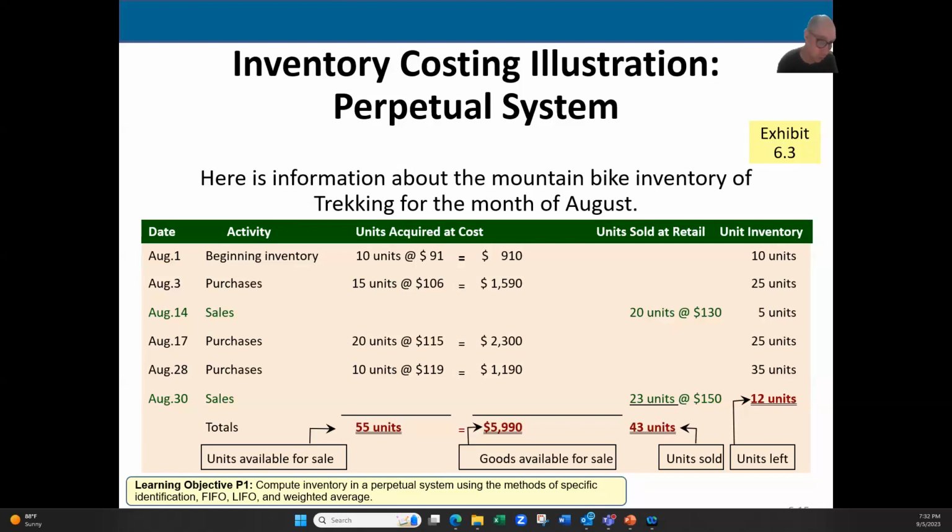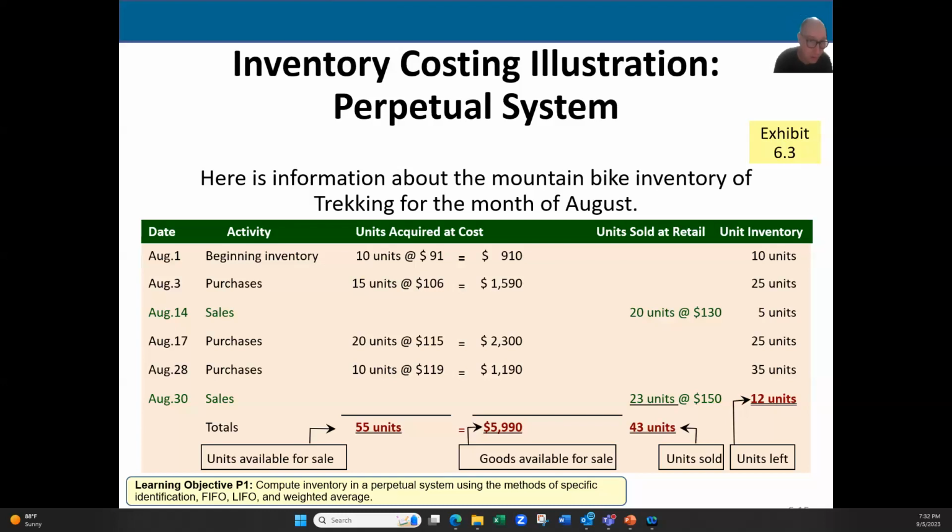August 14th, we sold a bunch of bicycles. Sold 20 of them at a sale price of $130 a piece. Because we sold 20, that brings our inventory balance down to 5 on August 14th.